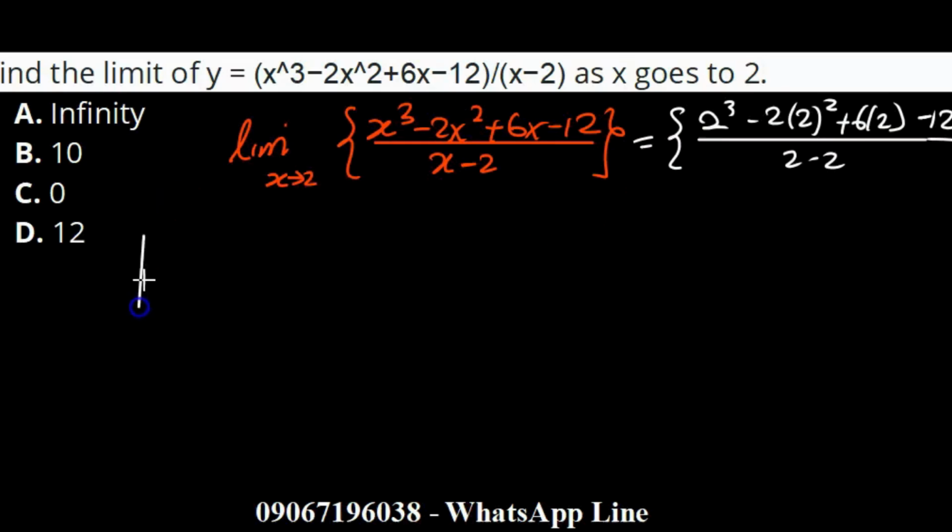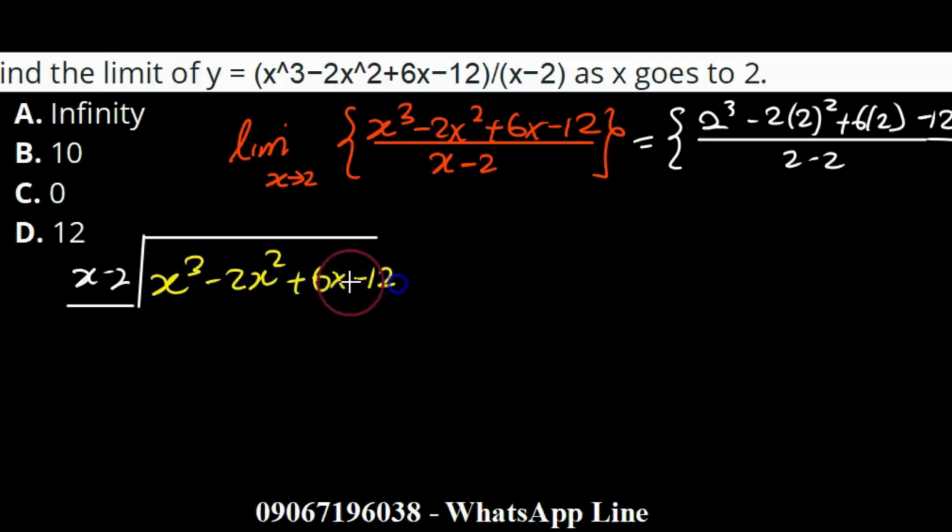So x minus 2 is my divisor, and it goes into x cubed minus 2x squared plus 6x minus 12.